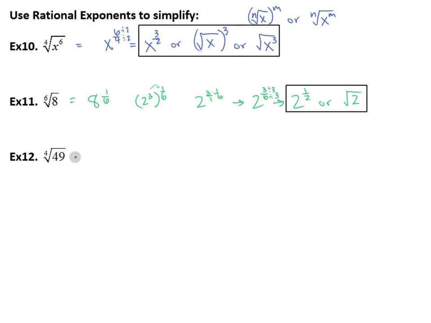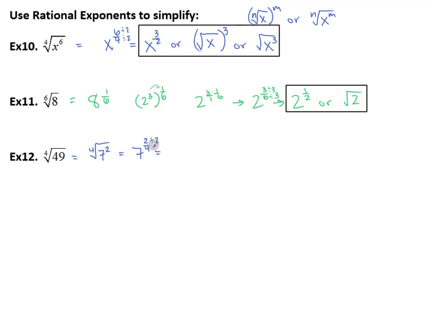Okay, so let's try this last one. 49, you might recognize, is 7 squared. In fact, if I rewrote that as 7 squared first, and then we change this to our rational exponent form, remember the 4 would go in the bottom of my fraction. And in this case, this 2, like we talked about earlier, it's like the m being in here, would go on top.